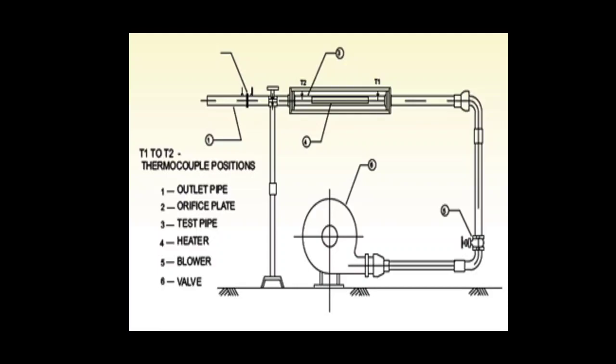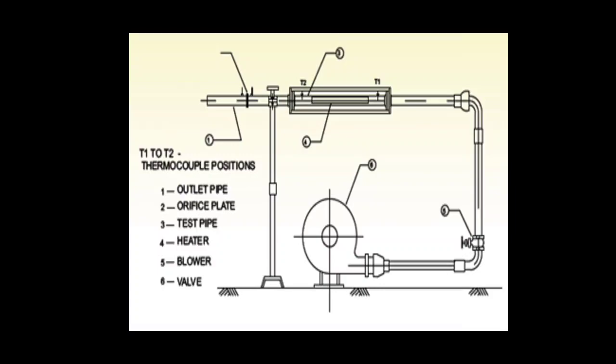You can see in the schematic diagram the air from the blower blows through a valve to the enclosure inside which the test cylinder is attached, and in the test cylinder a heater is also attached, which will supply heat to the cylinder. Thermocouples 1 and 2 are also attached, which measure the inlet and outlet temperature.